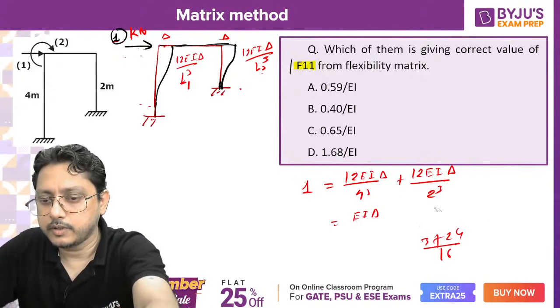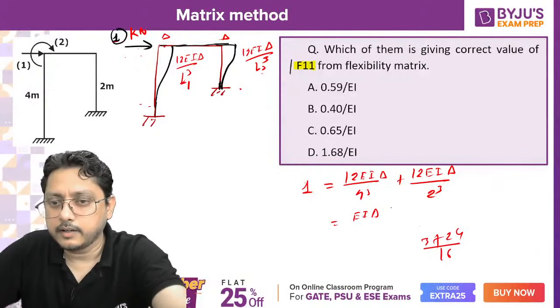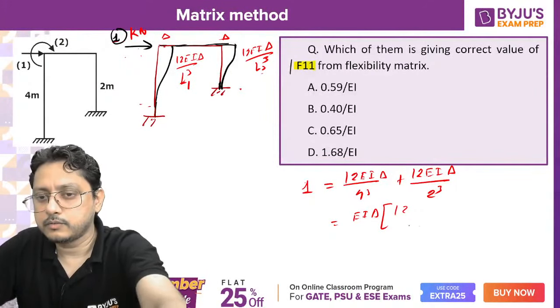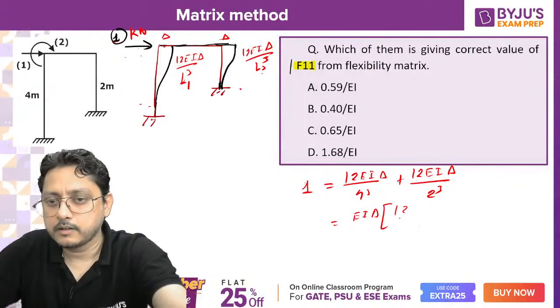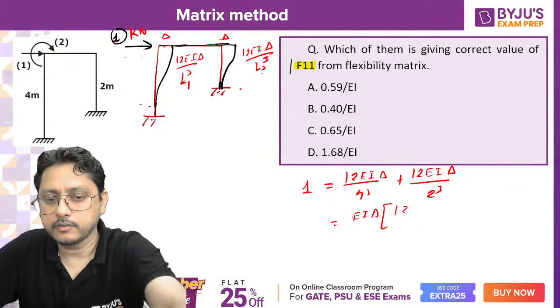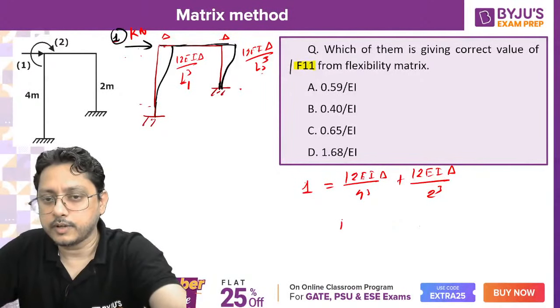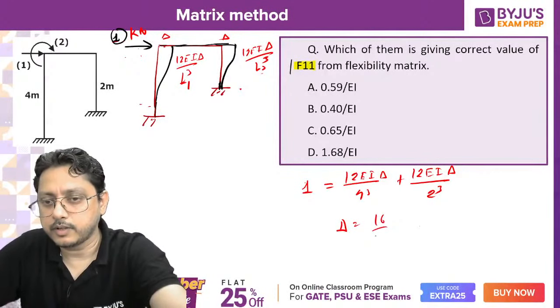Can you just calculate this one? EI delta, if you take common, 12 by, it was correct only, I think, right? 27 by 16 I got, no? So EI delta equals 27 by 16, so delta will become 16 by 27 EI.